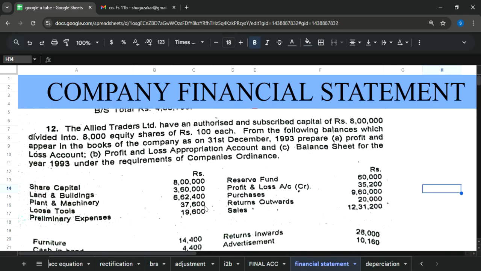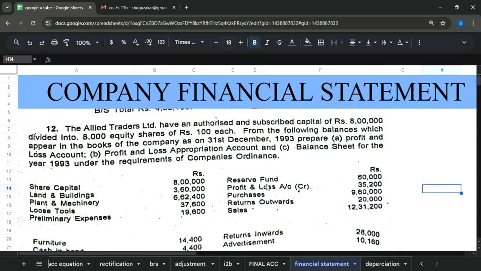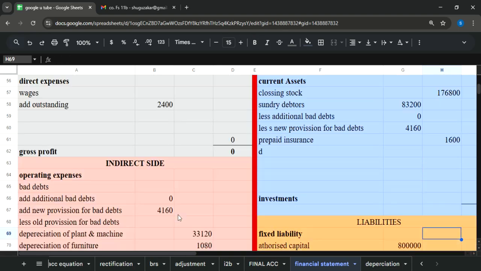Loose tools 37,600, and look here, loose tools are also recorded. After that, preliminary expenses are part of the current asset side.